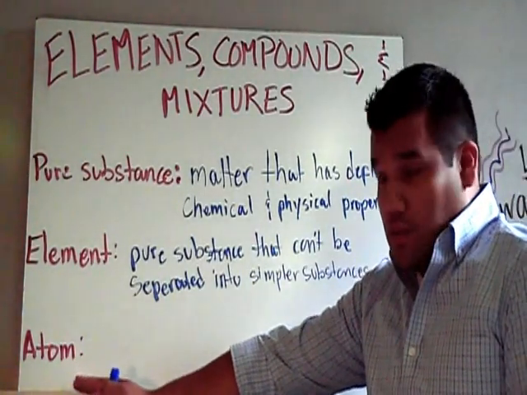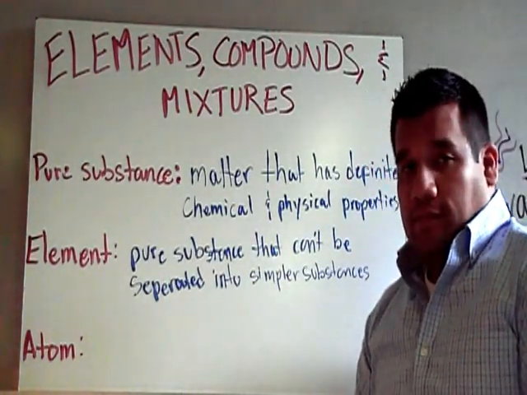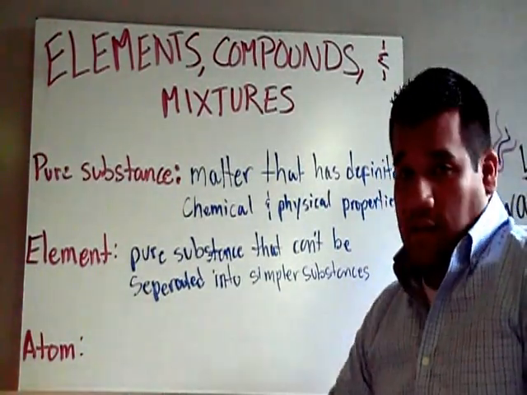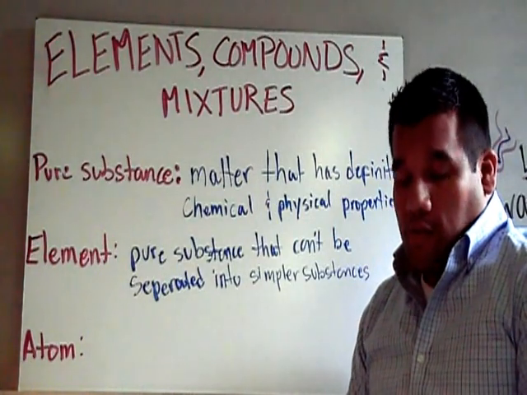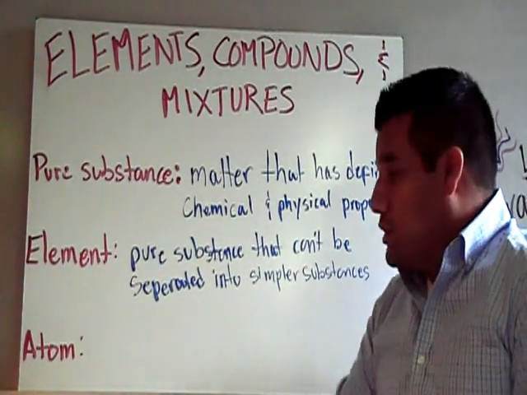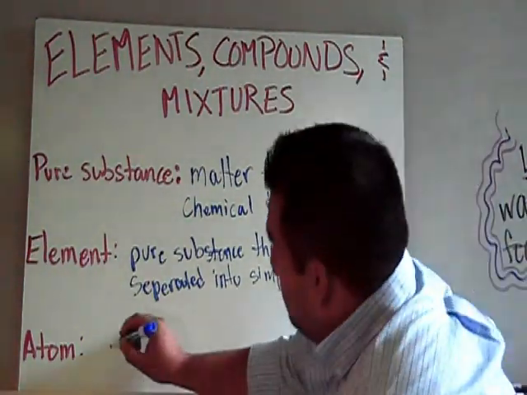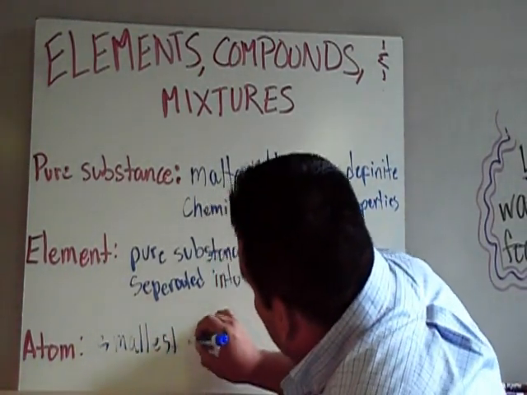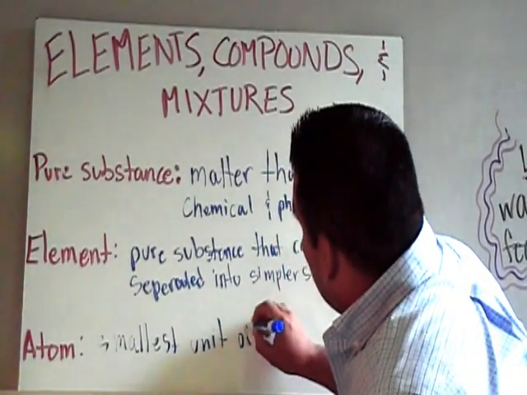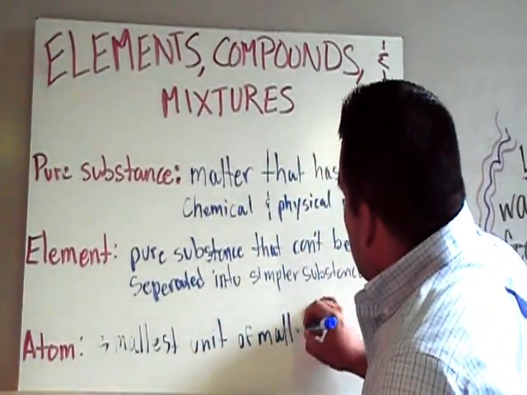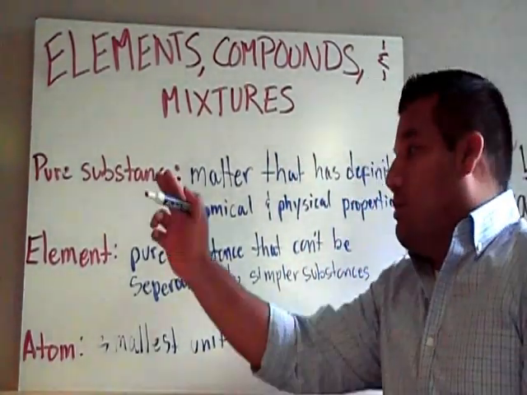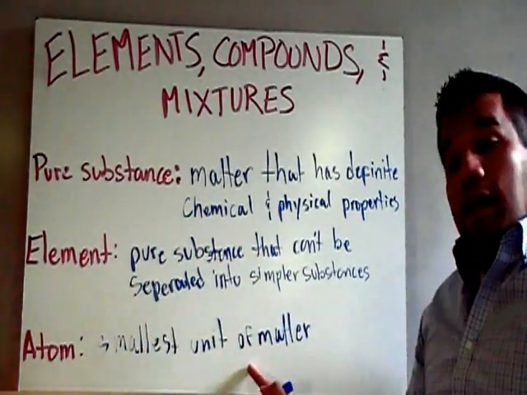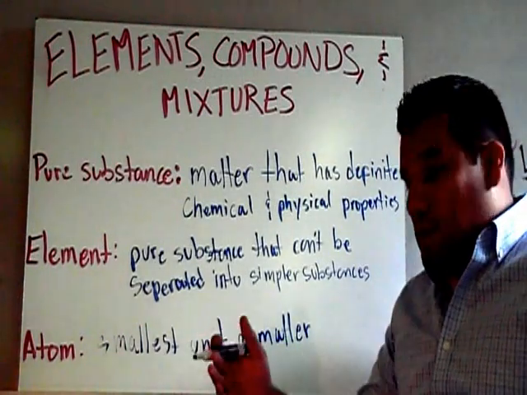This you should know. What's an atom? I'm waiting for your answer. What's an atom? Hopefully, you said it's the smallest unit of matter. But now that we're talking about pure substances and elements, we're going to expand our definition.